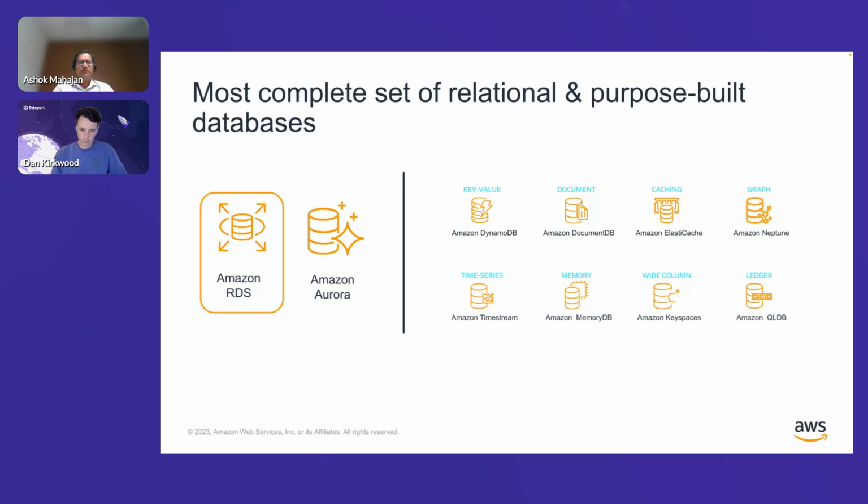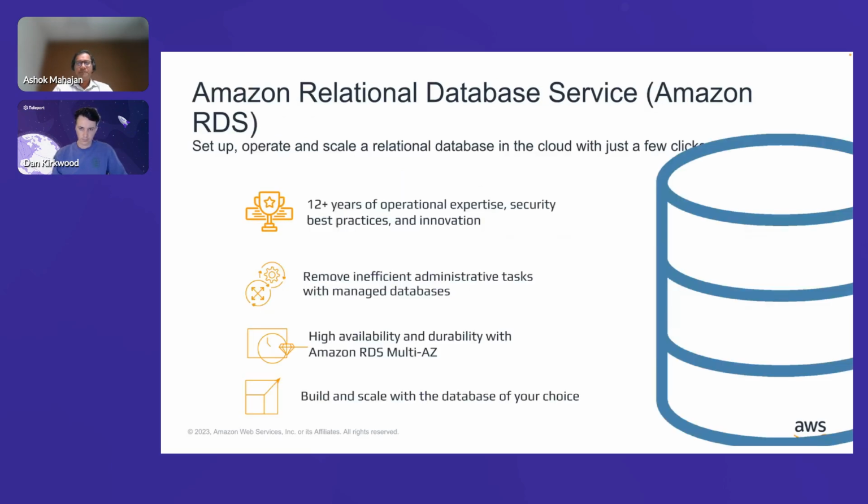Then if you can move to the next slide, please. Thank you. Amazon Relational Database Service, or as it is commonly known, RDS, makes it easier to set up, operate, and scale a relational database in the AWS Cloud. This service was launched in 2009, and customers benefit from over a decade of proven operational excellence, security best practices, and innovation.